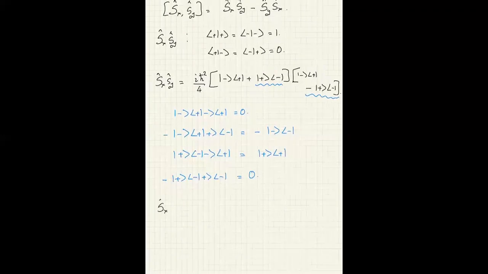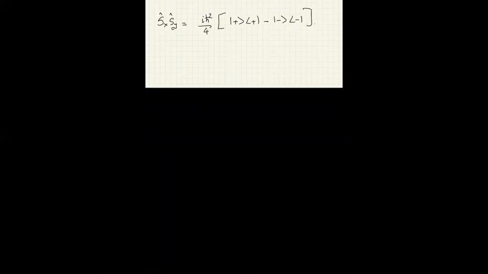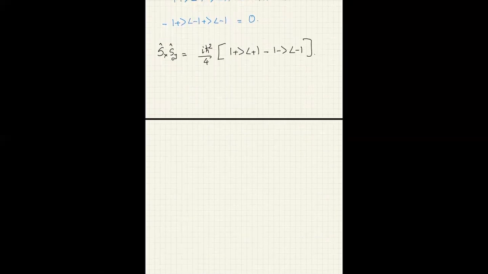So SxSy can be written as i h bar squared over 4 times, you get 1 factor of plus plus and 1 factor of minus, minus.